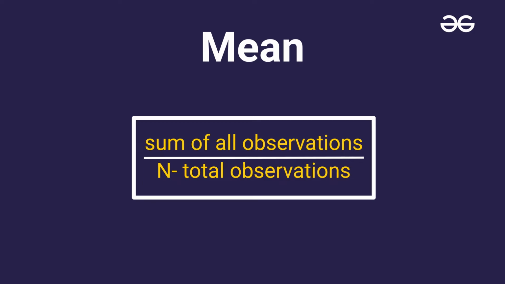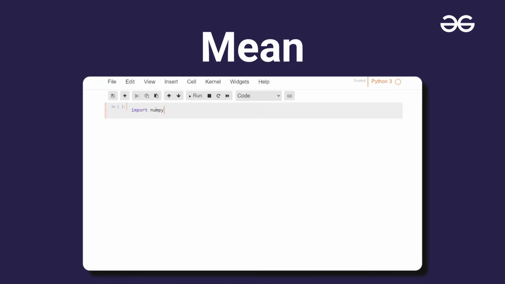So how to do that in Python? The first thing we would do is import numpy as np, and let us create a numpy array, and the array will have 1 3 5 7 and 9. Let's first hard code it without using the numpy module. So mean would be equal to sum of array divided by length of array, right?